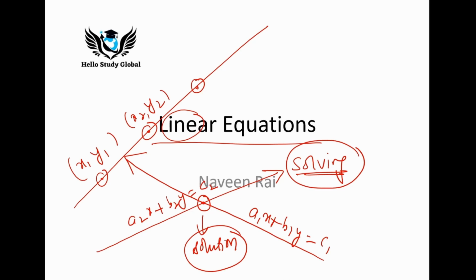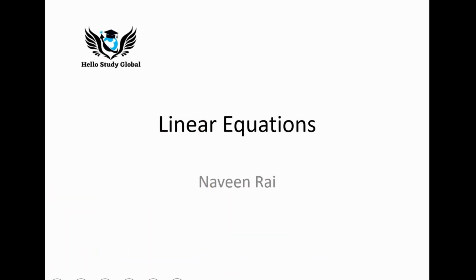Now the thing is, do we always get a solution when we are solving a system of linear equations? The answer is no. We might not always get a solution. As we've described the term solution as the point of intersection of two straight lines, there might be a scenario where there is no point of intersection. And when would that be? That would be when the lines are parallel to each other. Then there wouldn't be any solution.